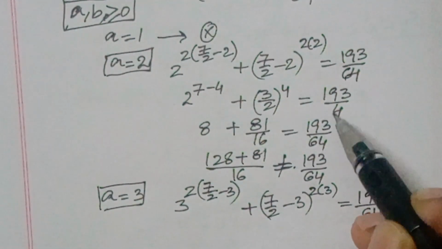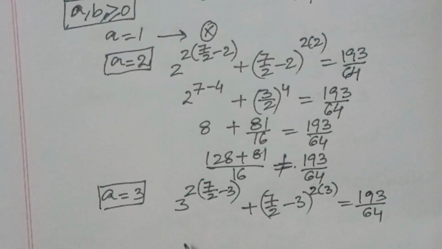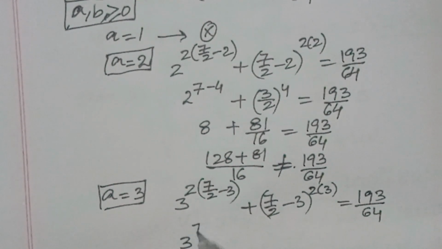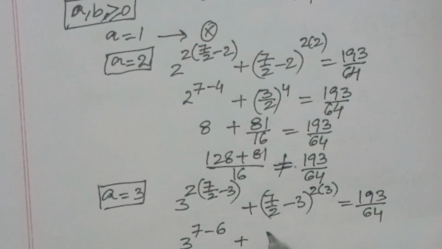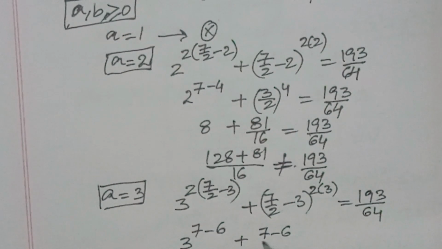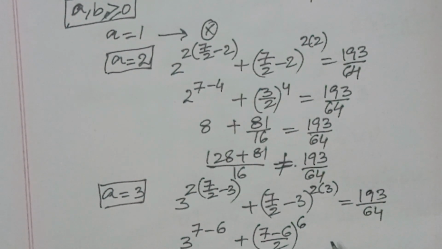So here we get 3 to the power of 7 minus 6, plus 7 minus 6 by 2 whole to the power of 6, is equal to 193 by 64.